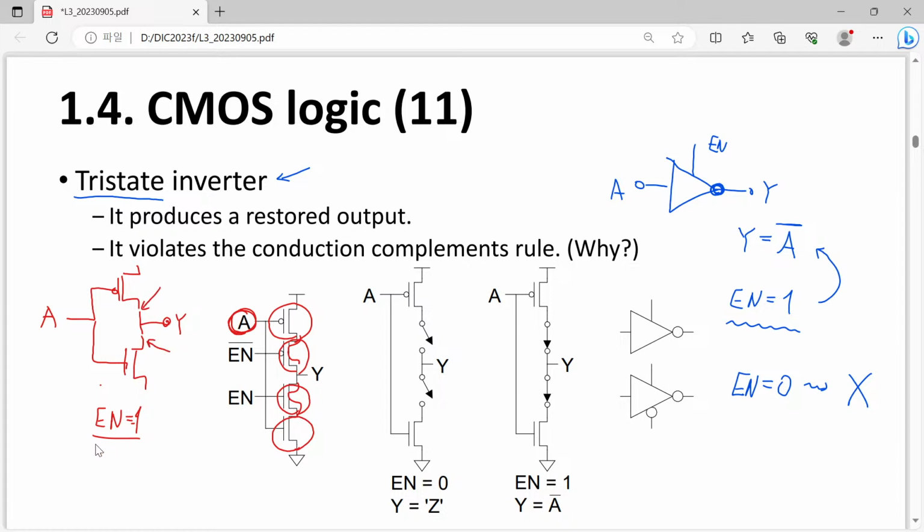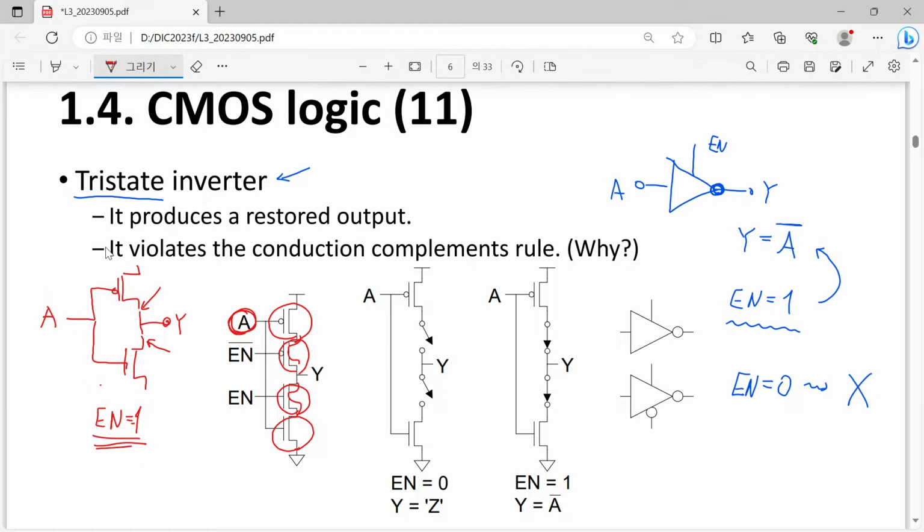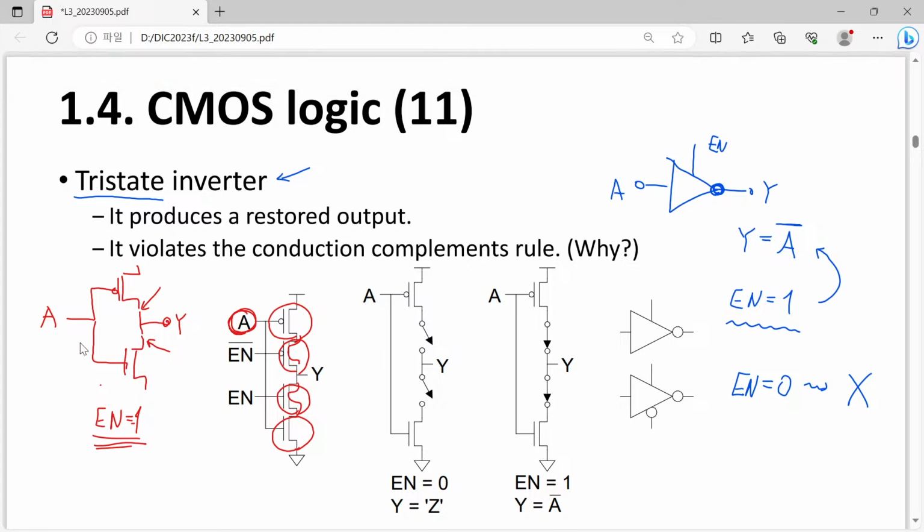So when we have an enable signal with value 1, its circuit schematic can be simplified as that of a CMOS inverter. So we understand that when the enable signal equal to 1, it behaves just like a CMOS inverter.